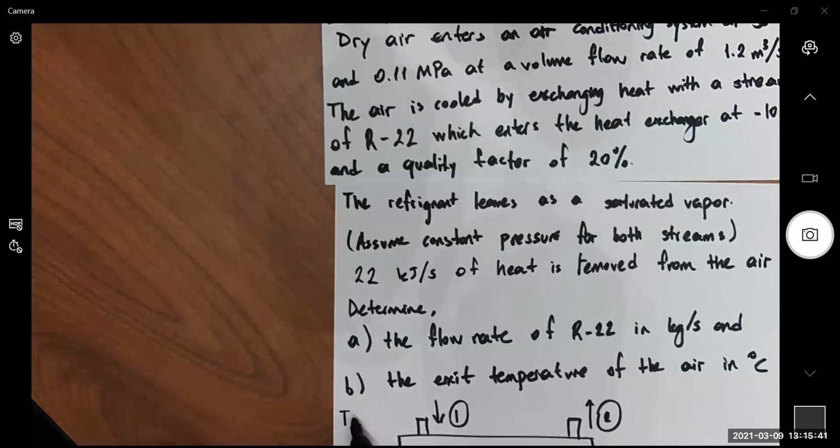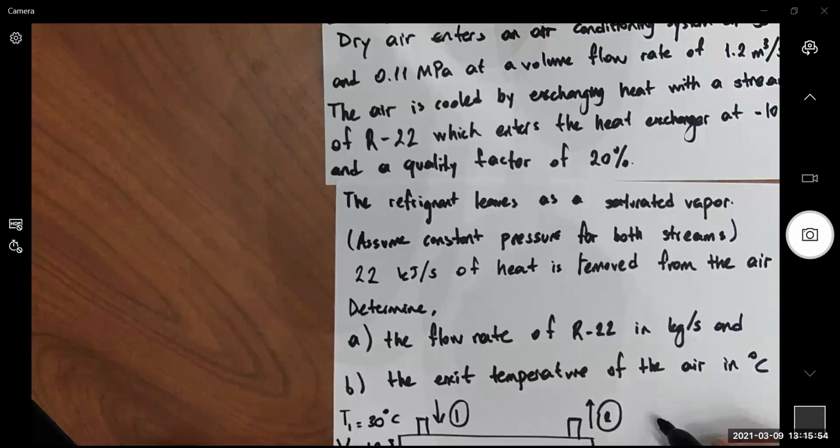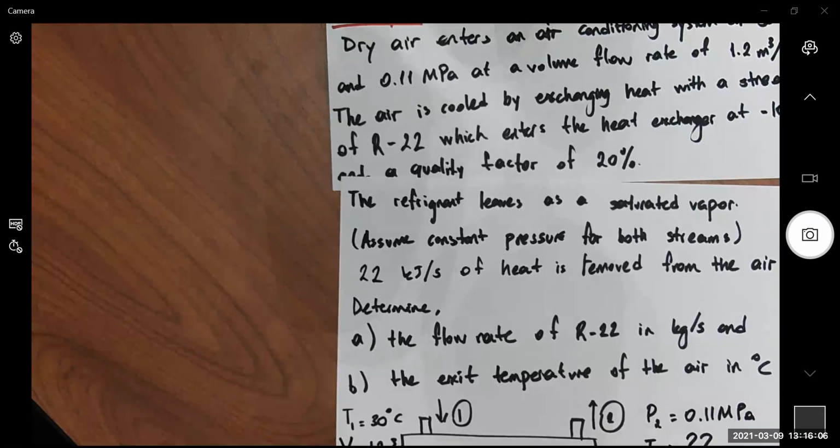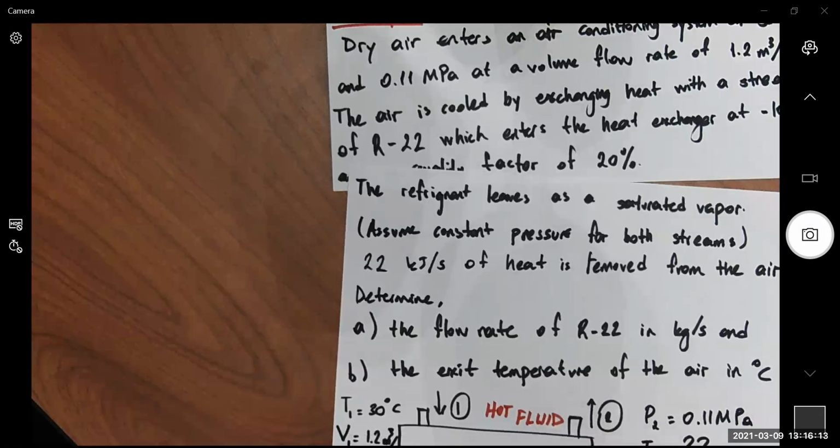T1 equals 30 Celsius, and the volumetric flow rate is 1.2 meters cubed per second. The air exits at pressure 0.11 megapascal, and we do not know the temperature. So here is the outside as the hot fluid, the bottom as the cold fluid.